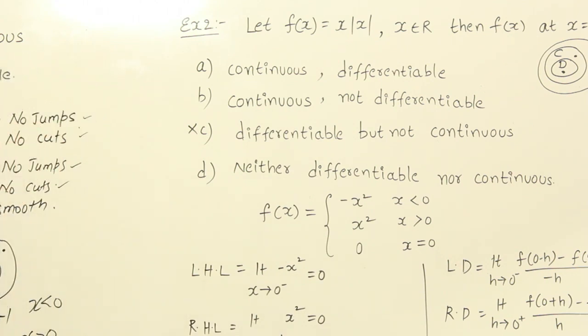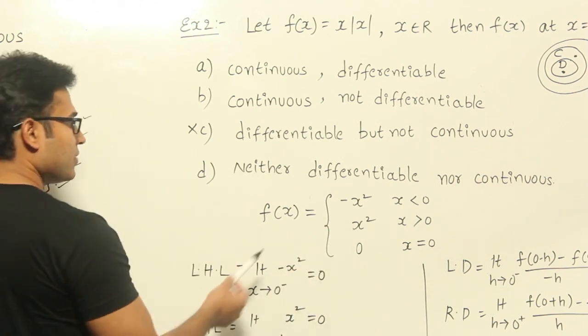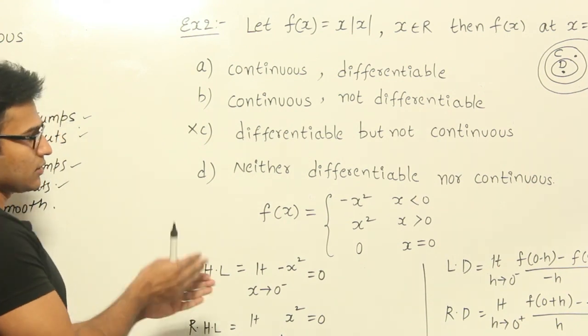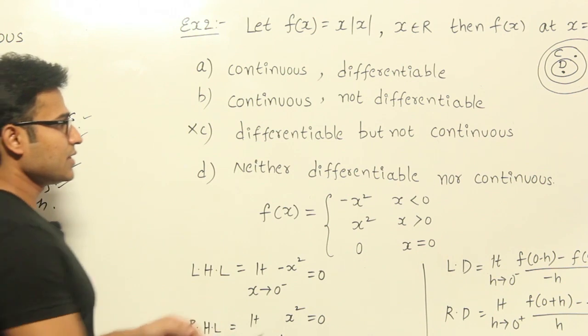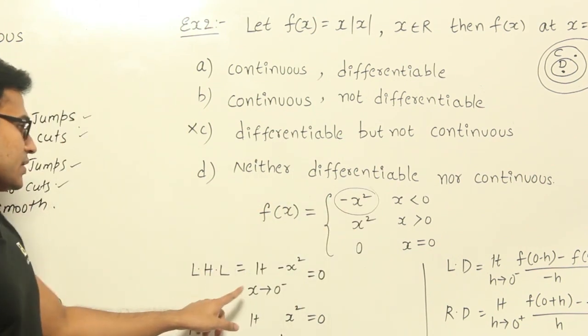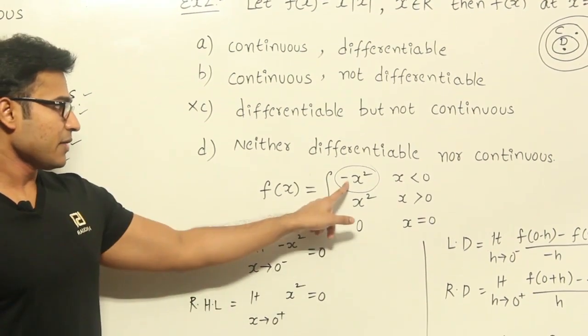Okay. Now we have to find out the left hand limit. What is left hand limit? Left hand limit means what happens to the function when the value is just less than 0. When the value is just less than 0, this is the function which you are going to use. So left hand limit is limit as x tends to 0⁻ of -x². Why -x²?